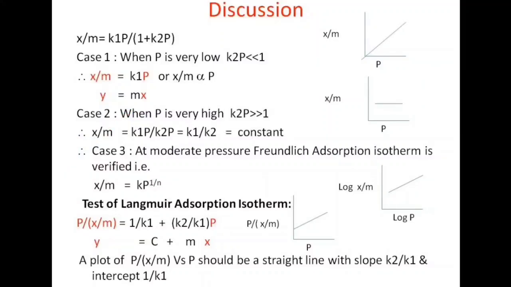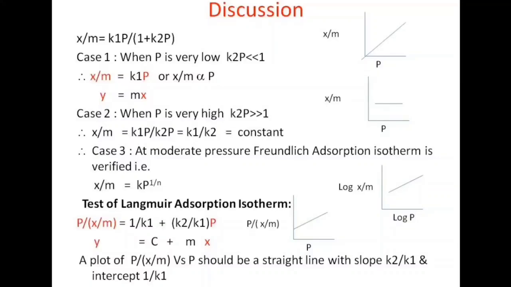So at higher pressure, x by m is constant, which was a limitation of the Freundlich adsorption isotherm, because the Freundlich adsorption isotherm can't explain why at higher pressure x by m is constant. The Langmuir adsorption isotherm explains this fact.